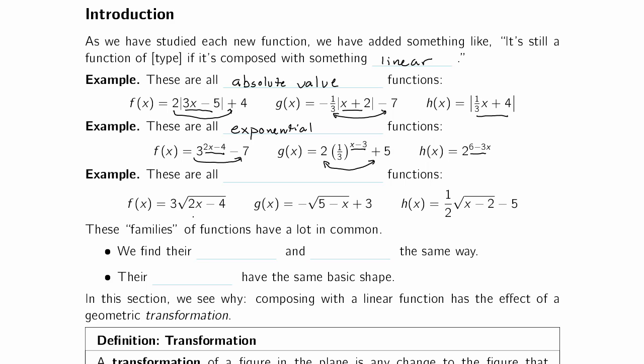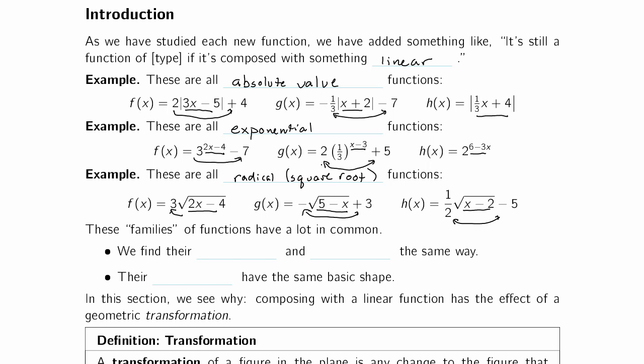And then here we have a bunch of square roots with something linear inside and outside. These are all radical functions, and in fact, they're all specifically square root functions.